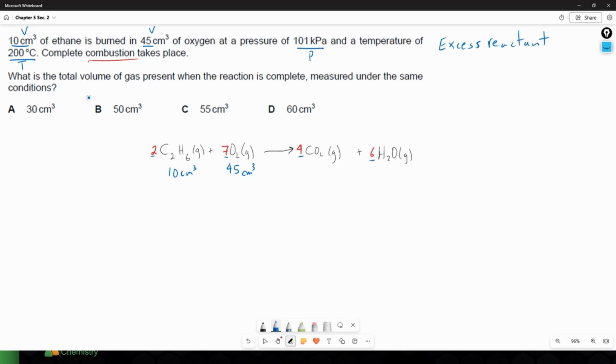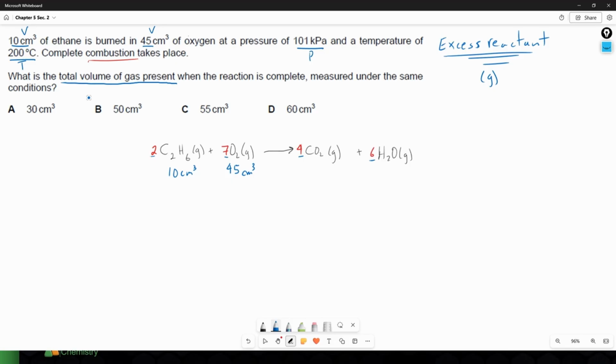The question says, what is the total volume of gas present? Not the volume of CO2, not the volume of water, not the volume of the products, the volume of gas, when the reaction is complete, measured under the same conditions. Meaning that if we do have an excess reactant, that excess reactant is also a gas, and we'll have leftover volume that we need to consider.